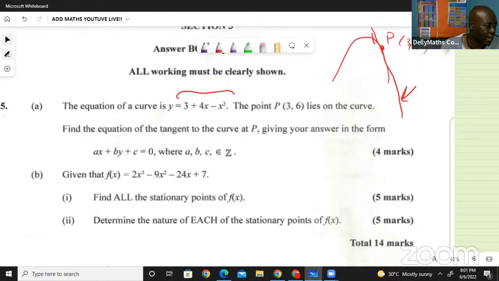And when I find that, I'm going to plug in 3 in the gradient function to find the gradient at that point P. Now, if I know the gradient at that point P, all I have to do is use that gradient on the same point P, and I'll get the equation of the tangent at P. Let me go again. Gradient function, plug in the 3 to find the value for the gradient at that point P. So let's go by taking our derivative now, right?